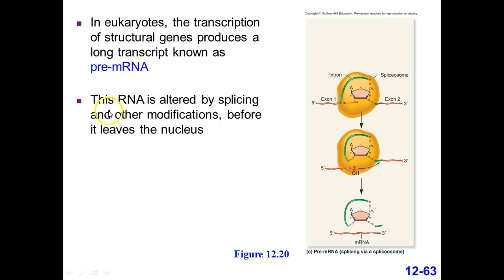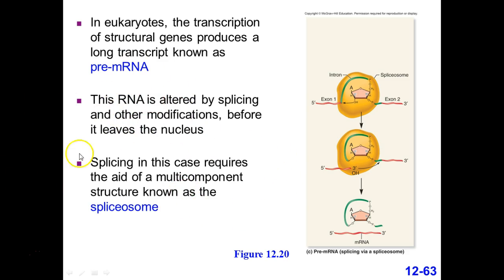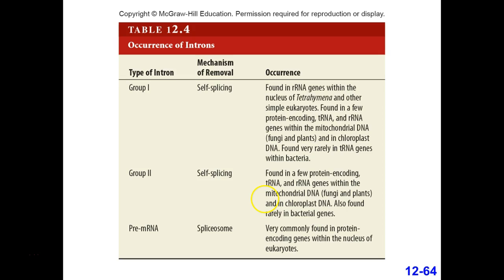The other modifications, like the capping and stuff like that, have to happen before it leaves the nucleus. So this is very common, the use of the spliceosome to cut out that intervening segment.